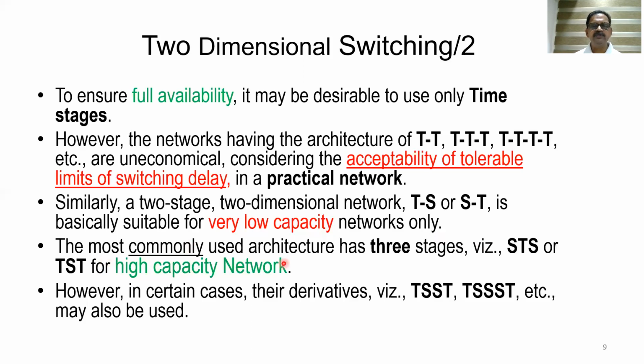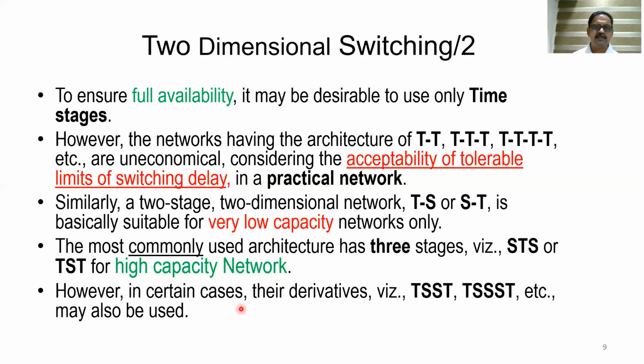The most commonly used architecture has three stages. So generally in practical networks, we prefer three-stage networks. It may be STS or TST for high capacity networks. So the preferred network may have three stages with architecture like STS, space, time, space, or it can be time, space, time for high capacity networks.